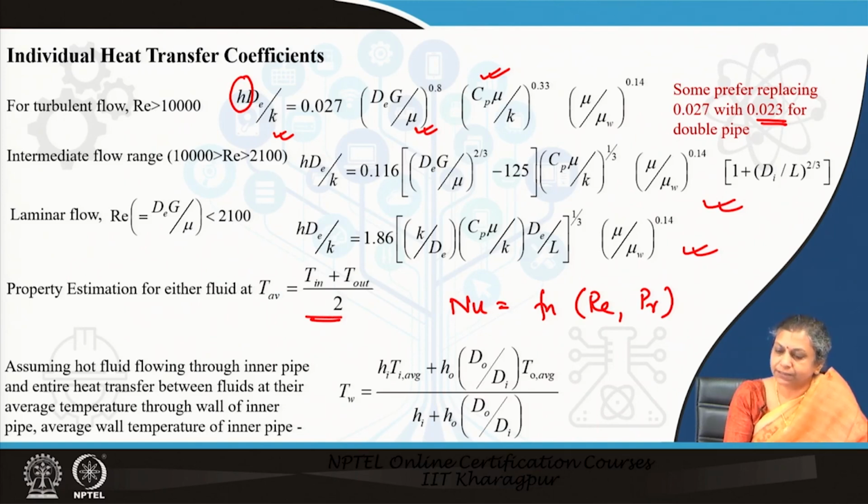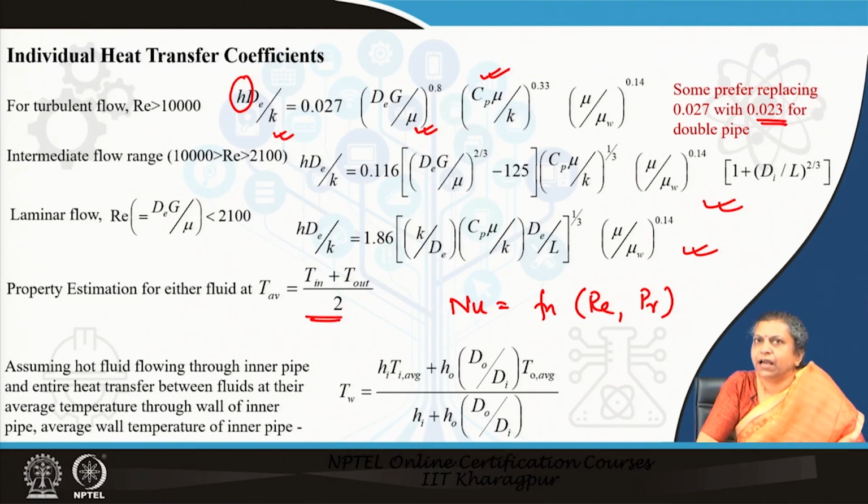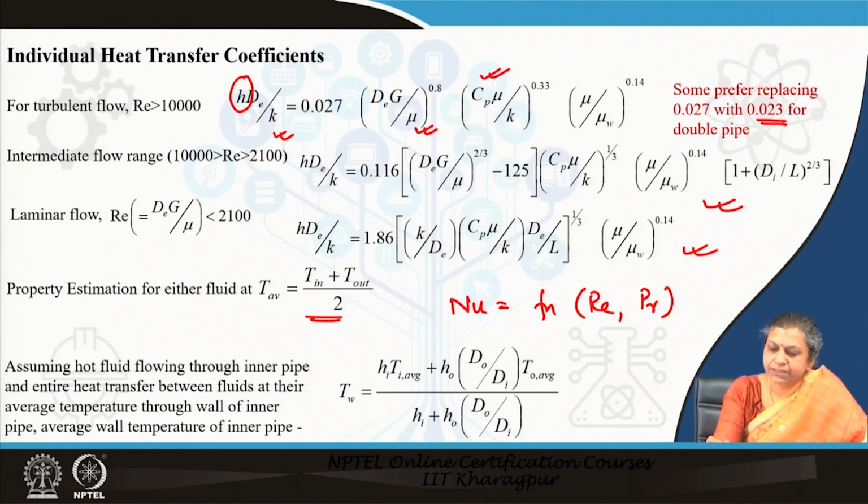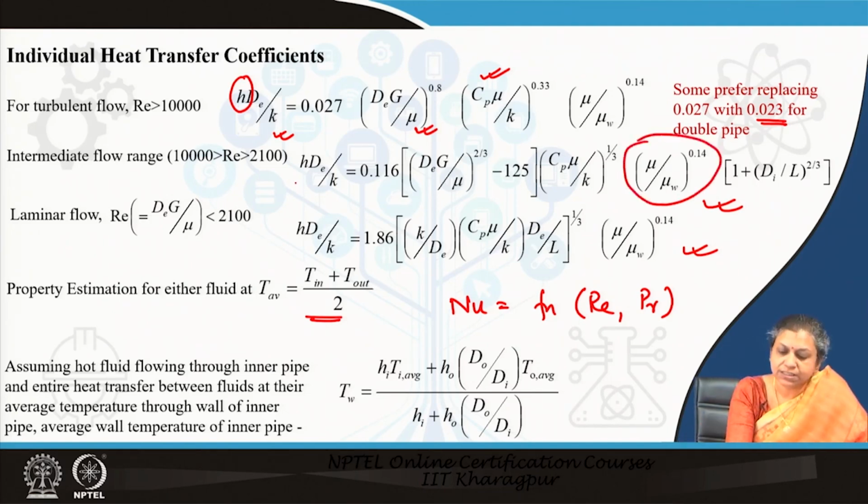Now, there is one other thing which I would like to mention. Suppose it happens that the wall temperature is much different from the bulk temperature. Under that condition, we find that the viscosity of the liquid close to the wall will be different from the viscosity of the bulk liquid, and we require an additional correction term to the standard equation for Nusselt number.